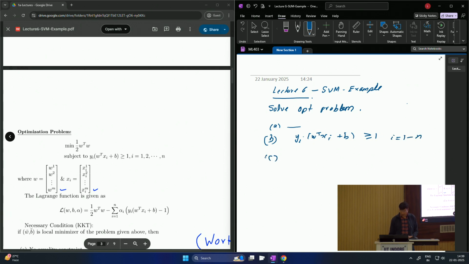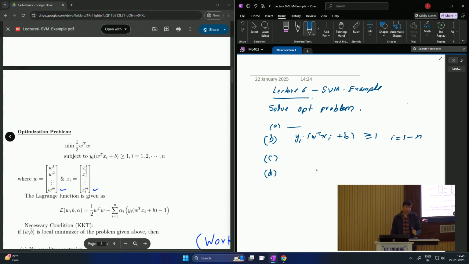What was the C condition? We'll come to the C condition, which is more involved. Let's write the D and E conditions first. The D condition was the product between the Lagrange multiplier and the constraint is equal to 0. We had used lambda i's for equality constraints and mu i's for inequality constraints.